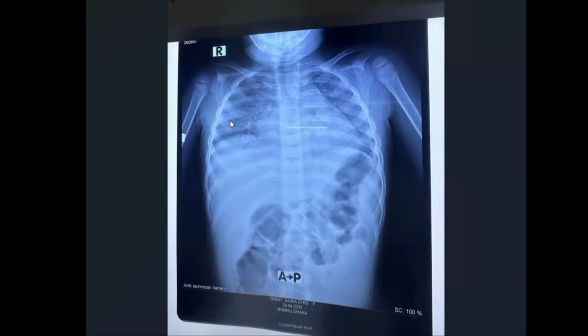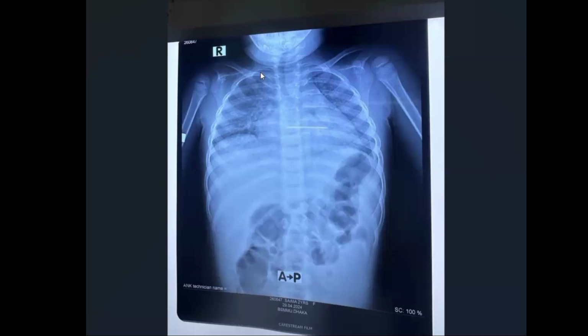In X-ray, we will call it zone, and clinically, when we auscultate or palpate, we will call it lobe. Anatomically, we call lobe, and radiologically, we call zone. And below the lower border of the fourth rib, downwards, this is called the lower zone. Okay.